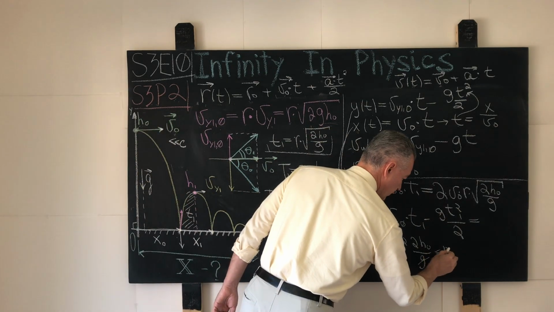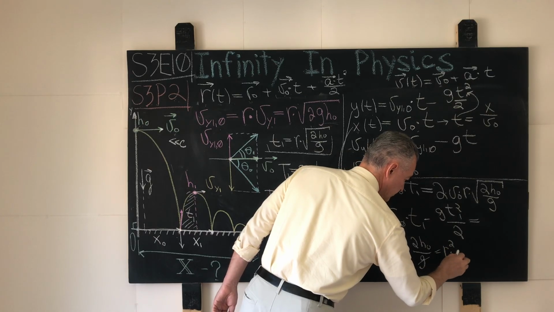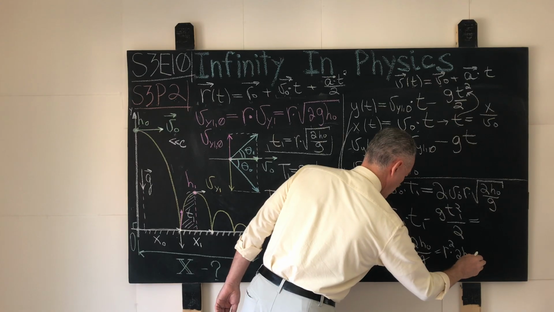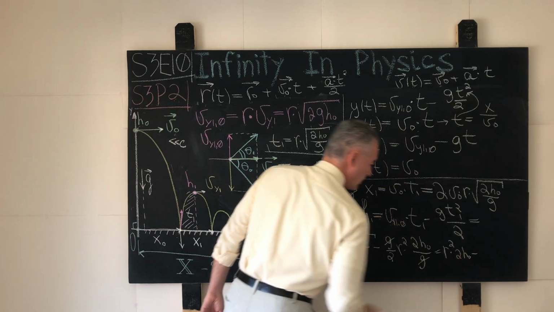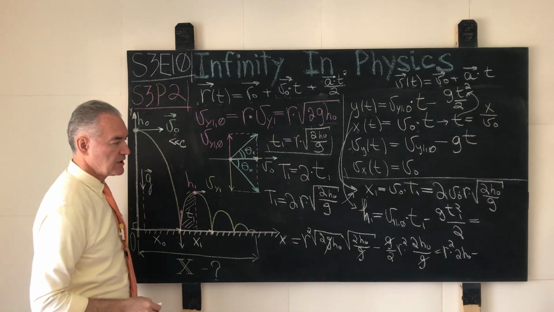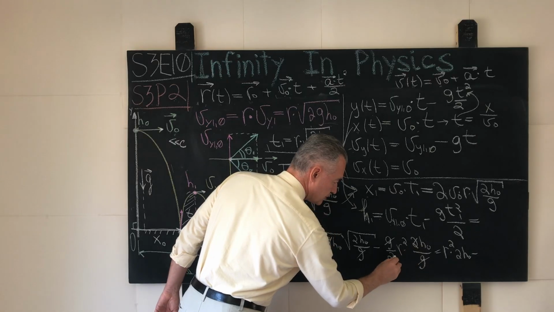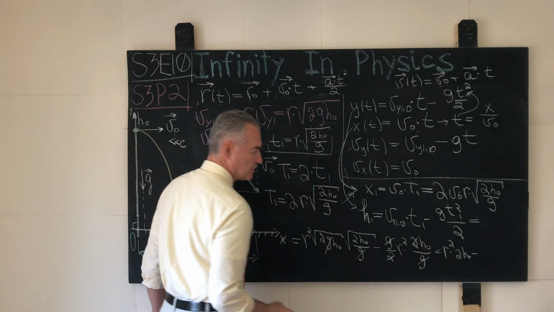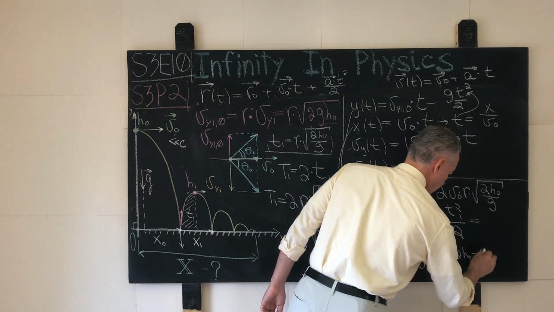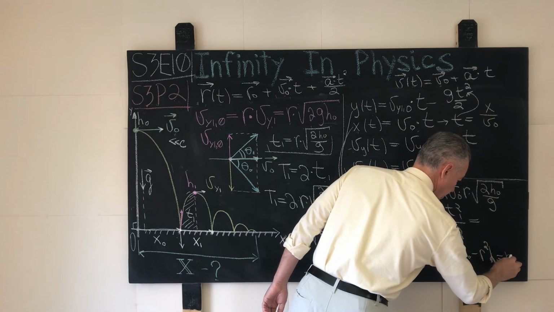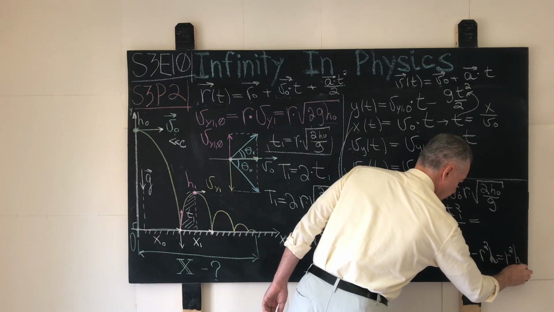We have r squared times 2h0 minus what? 2 and 2 cancel out. r squared h0, and in the end we have r squared h0.